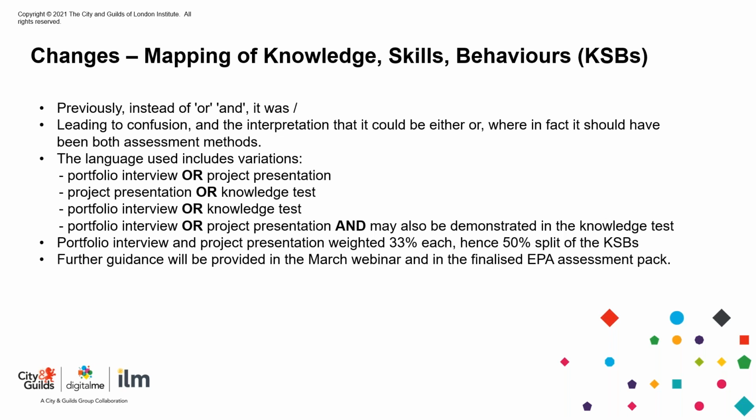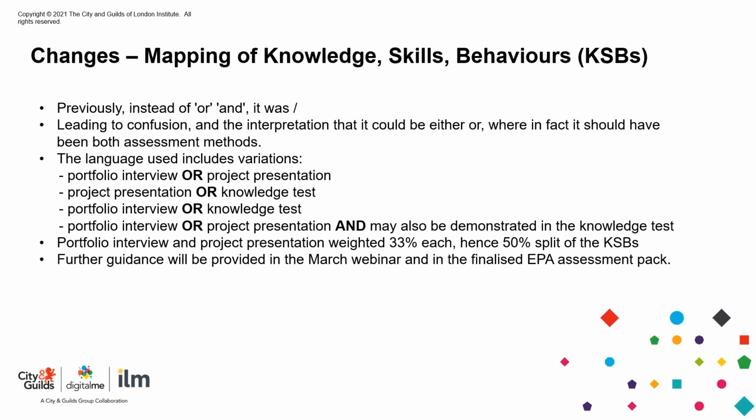This did lead to confusion, and the interpretation that it could be either or for one of the assessment methods was actually incorrect. It should have been both assessment methods in which this particular area was assessed, and so the language has changed somewhat in the new assessment plan. So it now includes variations, so that it says portfolio interview or project presentation or knowledge test, etc.